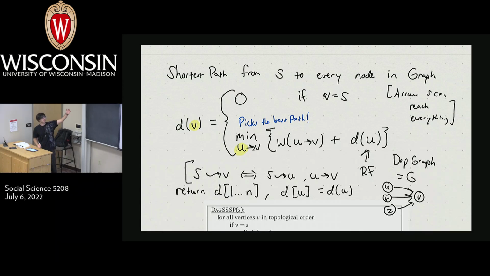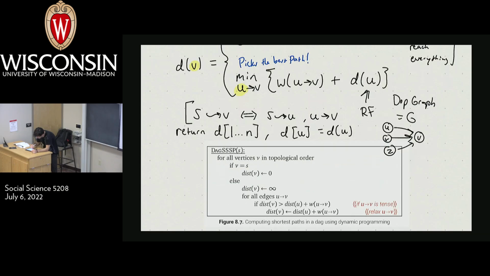So if we wanted to pick an evaluation order, we need to make sure that if V is in the order at some point, everything that has edges going into it has to be present first. So what does that sound like?